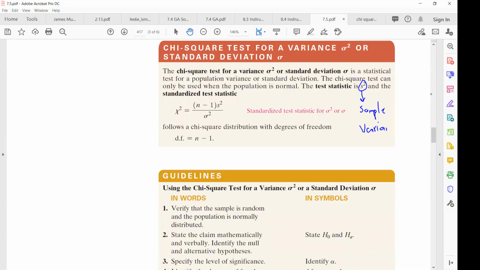Note that chi-squared or test statistic is equal to n-1 times S squared, sample variance, divided by sigma squared, which is population variance.